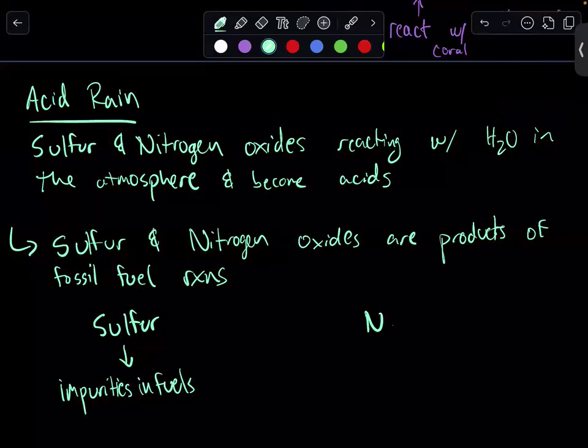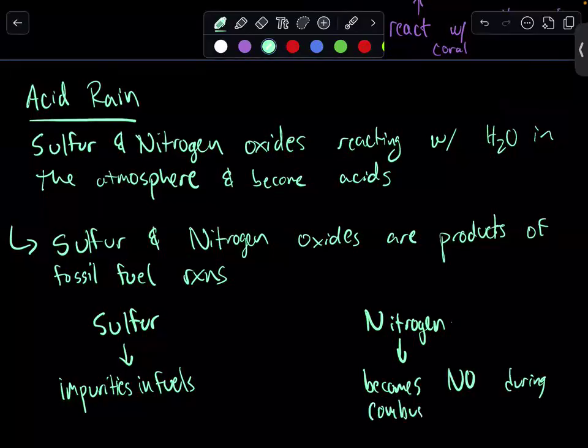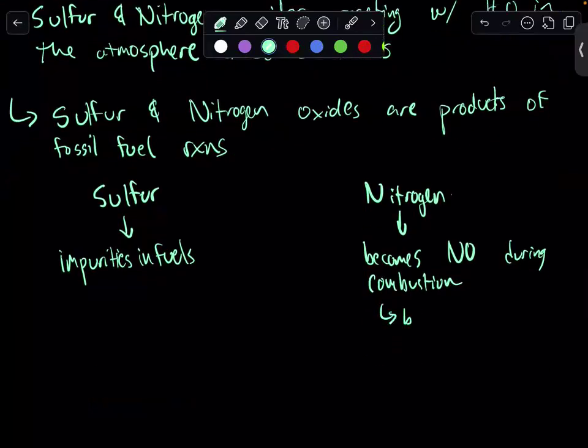Nitrogen, on the other hand, is already in our atmosphere, and what happens is it becomes nitrogen monoxide during combustion, and this will very easily become nitrogen dioxide through reactions with oxygen in the atmosphere, which will then become HNO3 in the atmosphere as an acid.